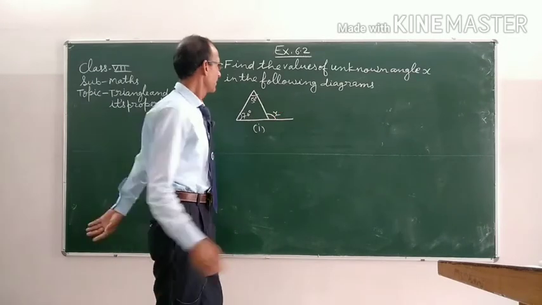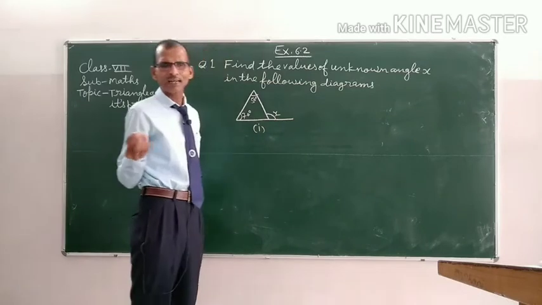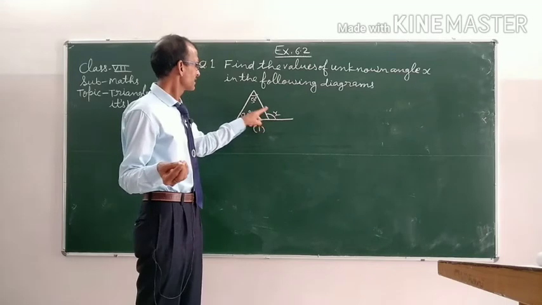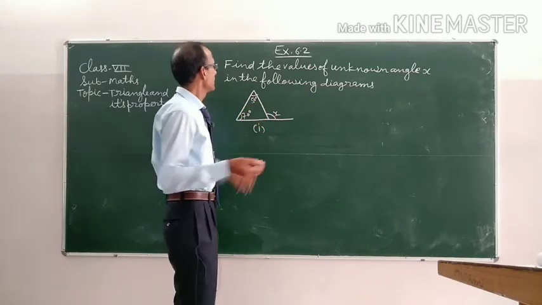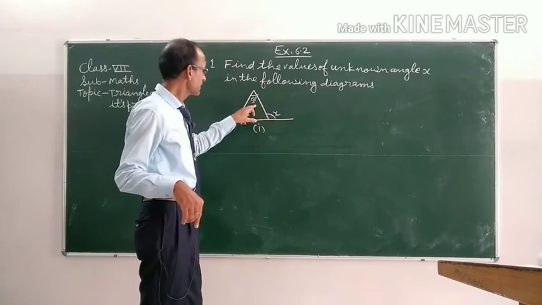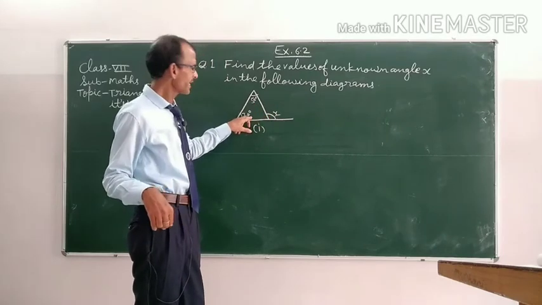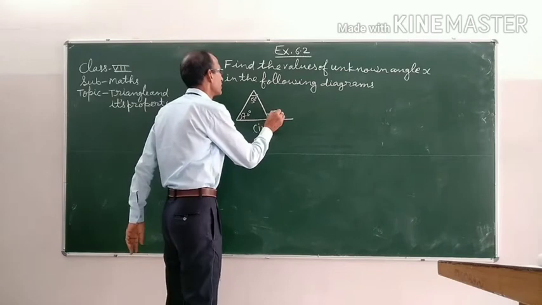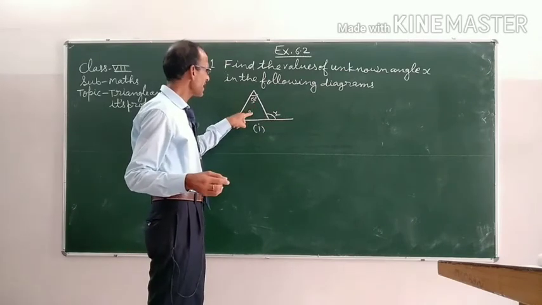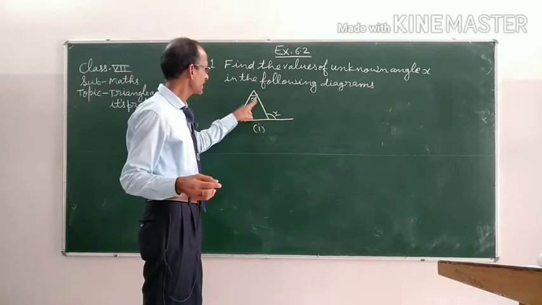By the property of exterior angle we know that exterior angle always equals the sum of interior opposite angles. So this is the exterior angle and these two interior angles are interior opposite angles of this triangle.